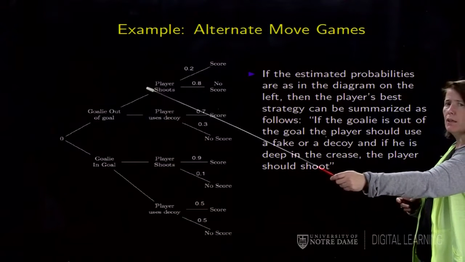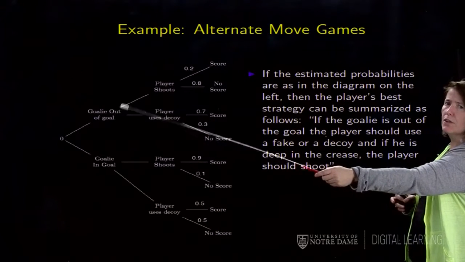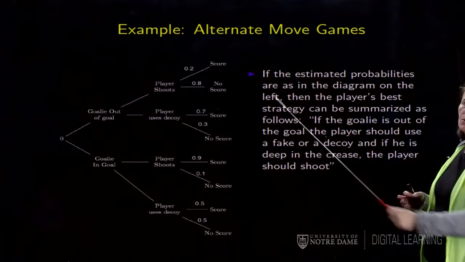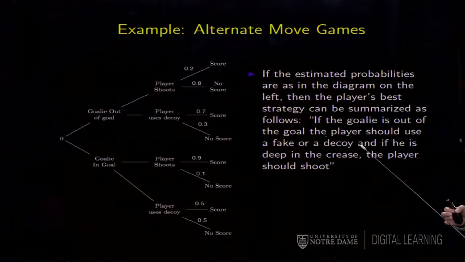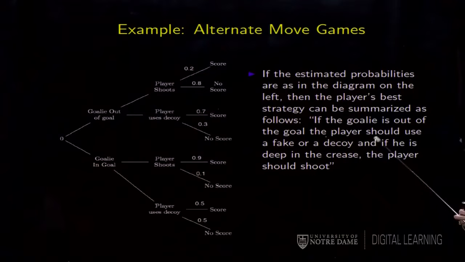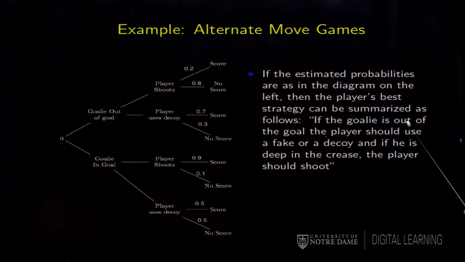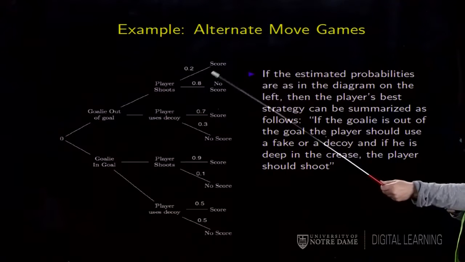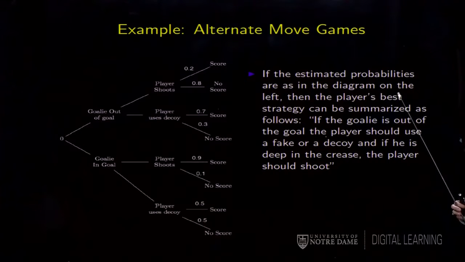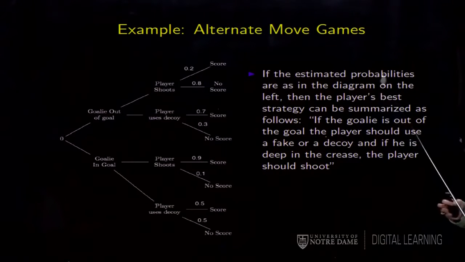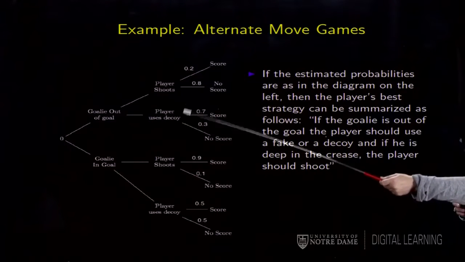So this player who's shooting knows what the goalie has done as they approach the goal. So if the probabilities are as they are, then the player wants to choose a strategy that's going to maximize their probability of scoring. And of course, which strategy they choose depends on what they see the goalie doing as they approach the goal.